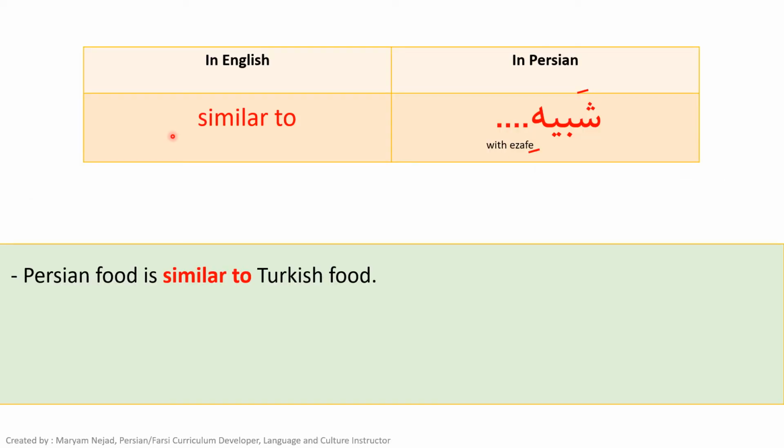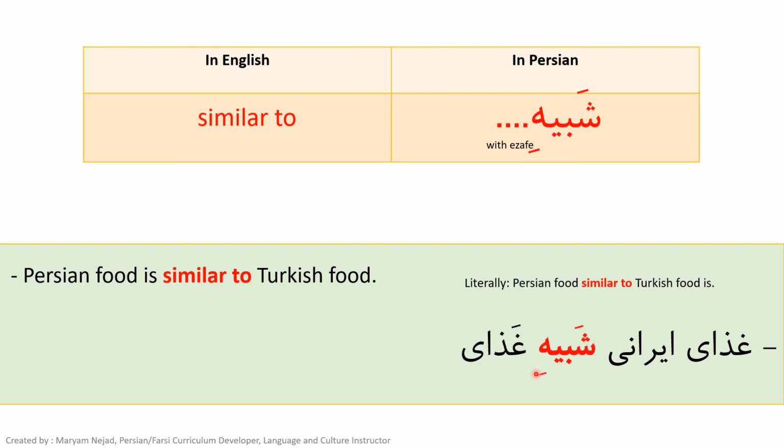Next we will be looking at comparisons using similar to, which in Farsi is شبیه. We have an example. We want to say Persian food is similar to Turkish food. Literally, we need to say something like Persian food similar to Turkish food is. غذای ایرانی شبیه غذای ترکی است.